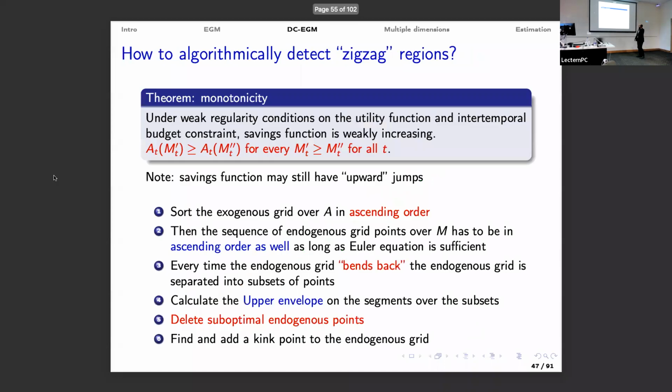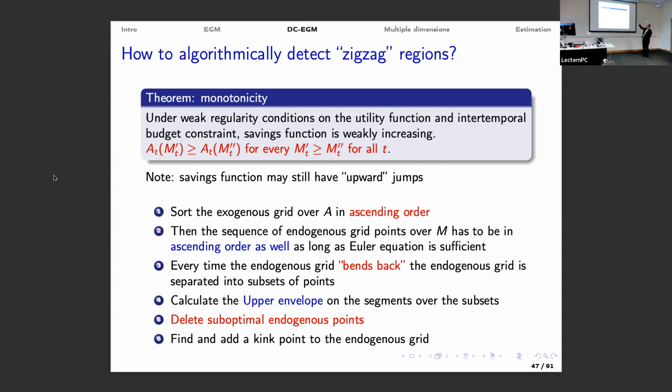Okay, so now the algorithm looks like this. Wait a second. Okay, no, let me talk about this first. Can we actually detect these regions algorithmically? Can we write a code that would detect these problems on the fly? The answer is yes, and the foundation is again the conditions on the utility functions, similar to what we had before, the same sort of monotonicity.